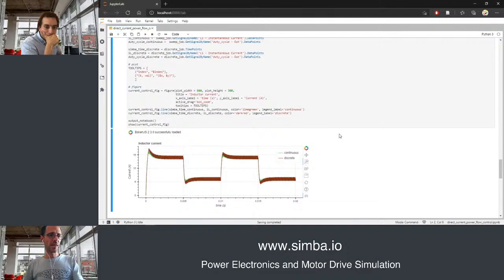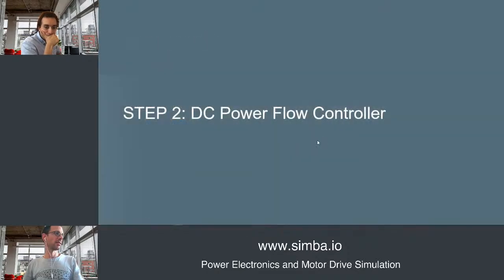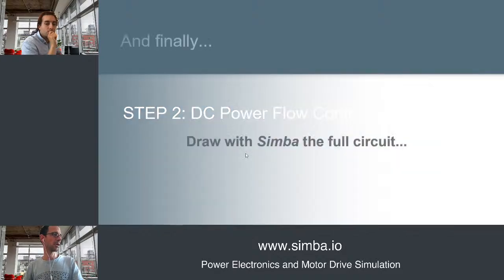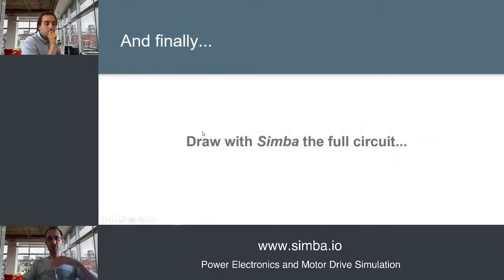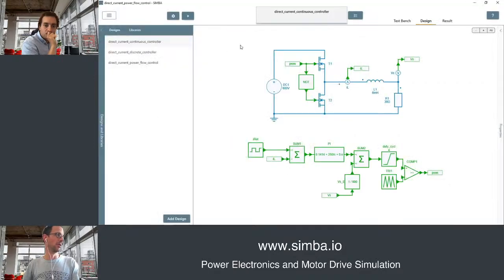So now let's keep on with step 2, that's to say the design of the DC power flow controller. Okay, and so we can go back to SIMBA in order to design the full circuits. So of course I've already done these circuits. So here we are.